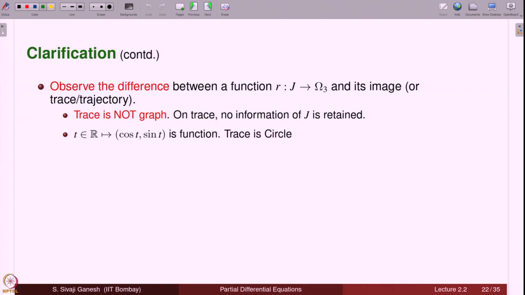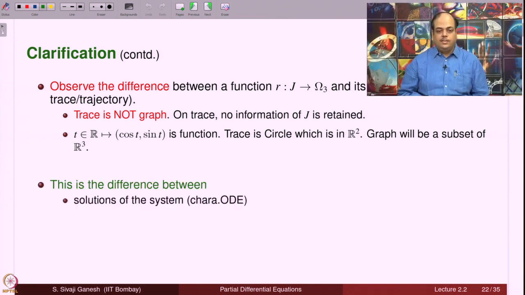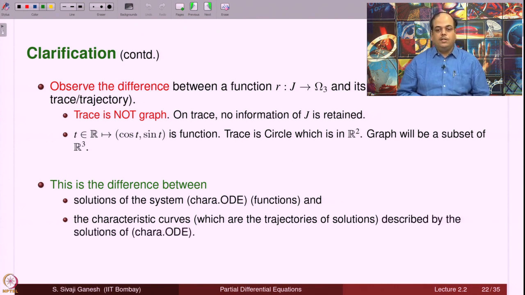The trace is a circle, that means the set of all (cos t, sin t) as t varies, this is a circle which is in R2. The graph will be a subset of R3, it will look like (t, cos t, sin t), that is not a circle. So, this is the difference between solutions of the system Chara ODE and the characteristic curves, which are images, or traces or trajectories, of the solutions described by the Chara ODE.